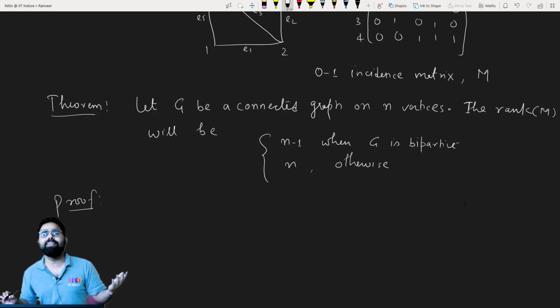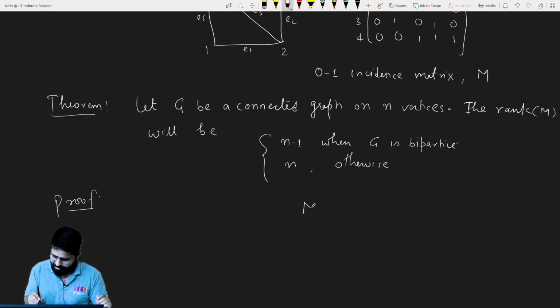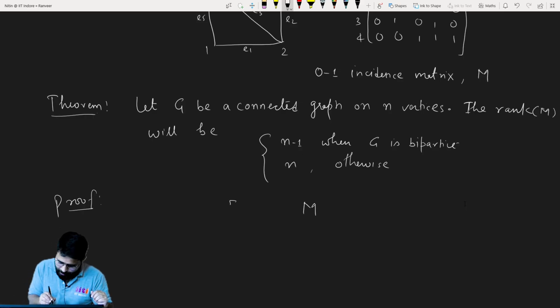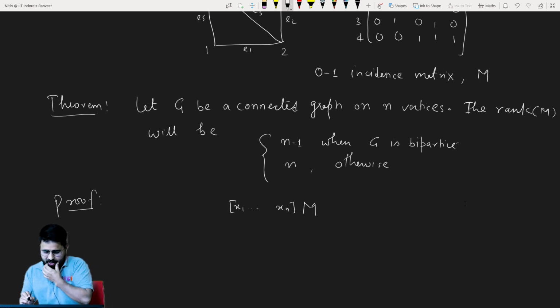Let us see the null space of M. We have already seen in the last lecture the practice of finding the null space. So what we will do is multiply some vector x1 up to xn to it. Now you see that instead of 1 and minus 1, there are 1 and 1.